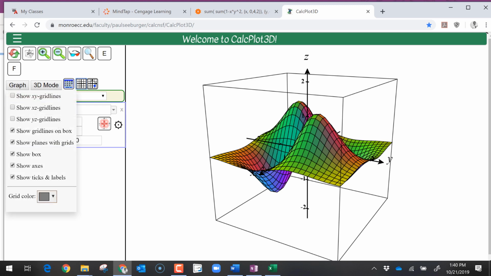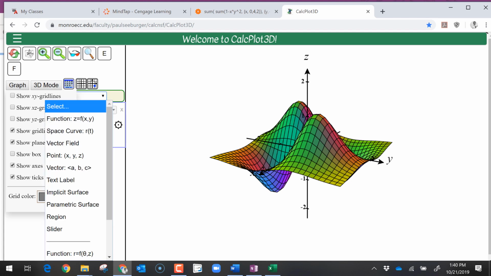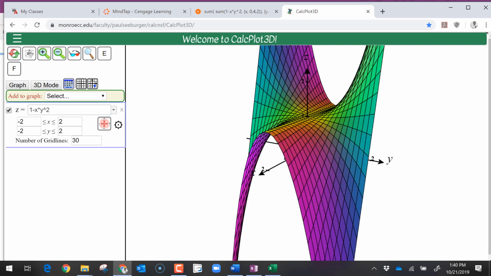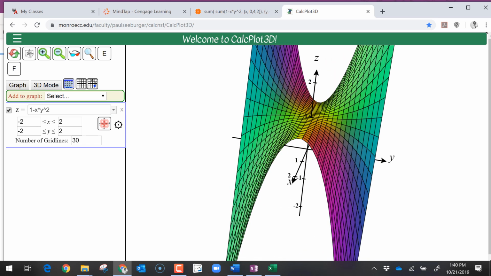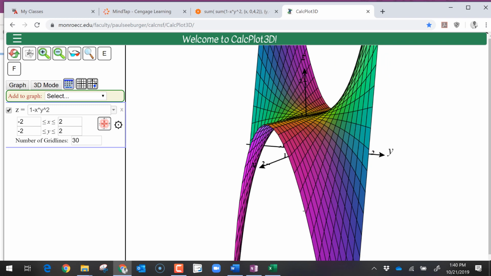So what we're doing is we're looking at the function, is it 1 minus x times y squared? Okay, so it looks like we're in the first quadrant, right? Or mostly in the first quadrant. It looks like there's a lot of going down business happening here.